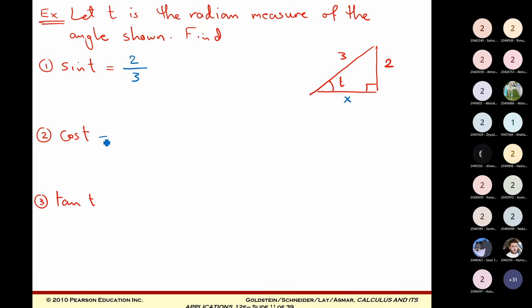Now, the cosine of T equals what? X adjacent over 3 hypotenuse.